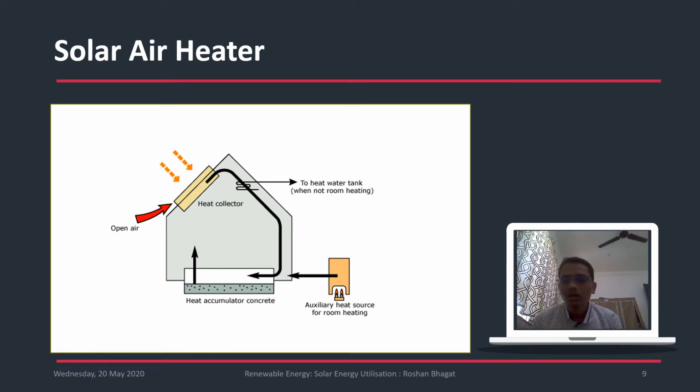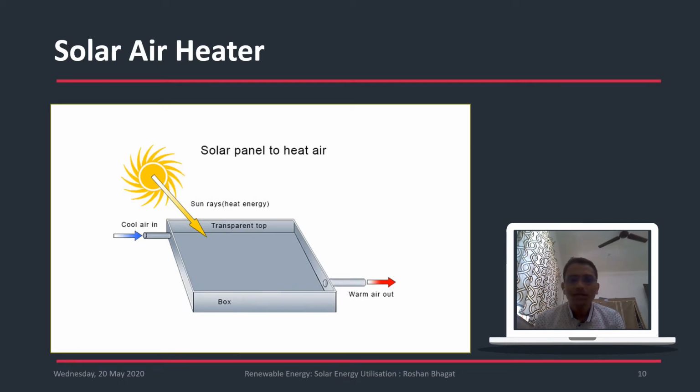Again remember, the solar water heater is used for heating water; in the same way we can heat air. This heated air can be used for grain drying, or for some other industrial purpose, or for maintaining the temperature of a room also. So this is the use of the solar air heater.